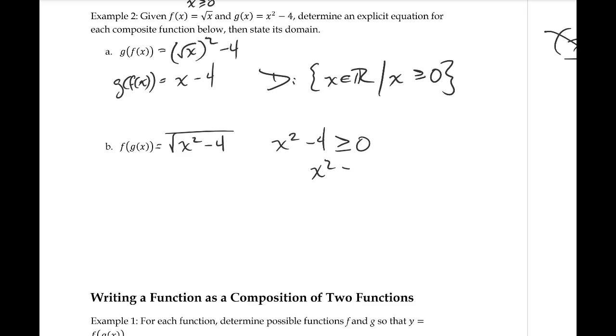So x squared has to be greater than or equal to 4. And that means that x has to be, in this case, outside of the square root of 4, because we need to be making a number greater than 4. So x has to be less than or equal to negative 2, or x has to be greater than or equal to positive 2. And so those are our two restrictions.